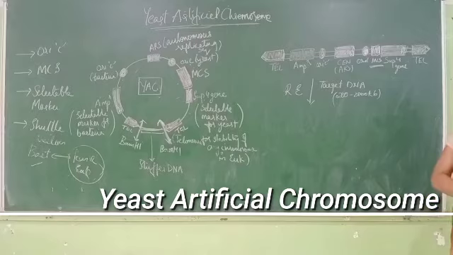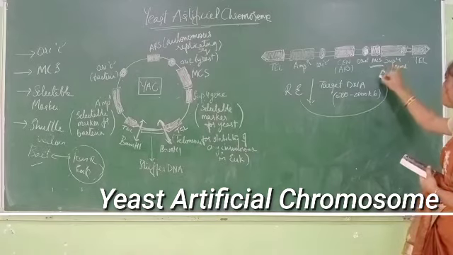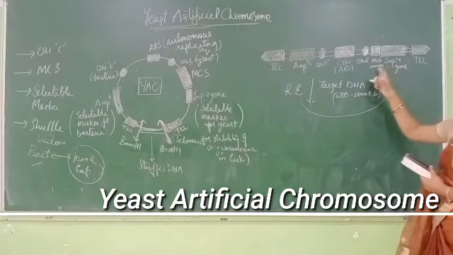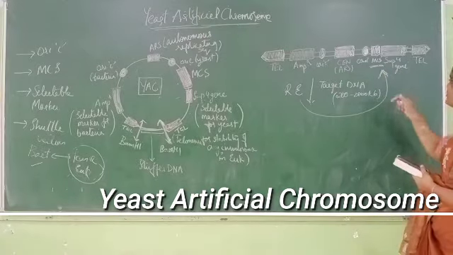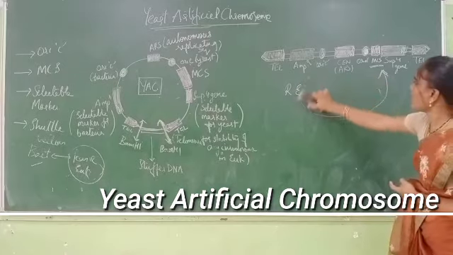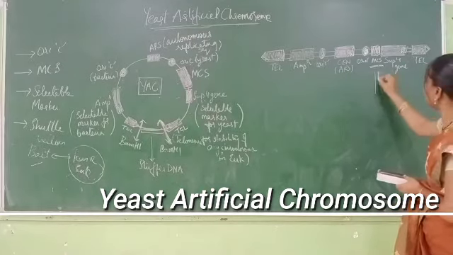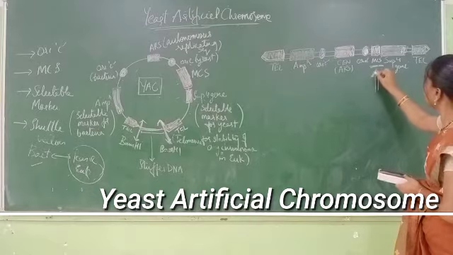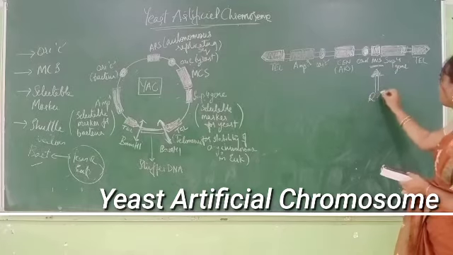As this is your multiple cloning sequence. After these restriction endonucleases attack this particular MCS, what happens?